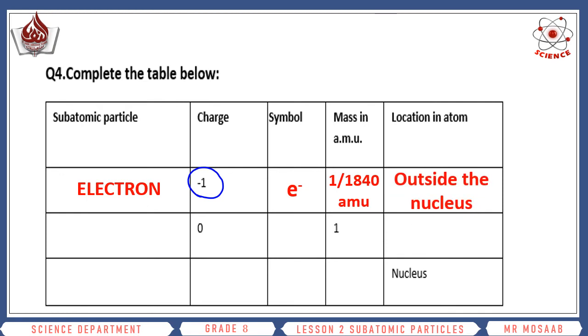Now, what is the particle with the charge 0? No charge, not positive or negative. Of course, it's a neutron. And the symbol of neutron is n. Sorry, this one is wrong. Neutron, it's right here, 0.